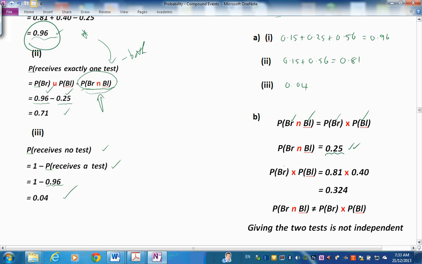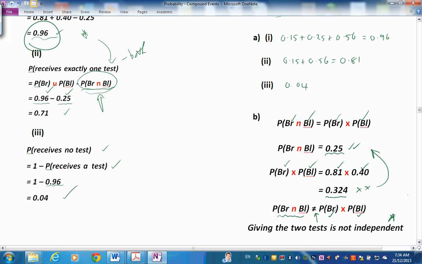Now let's check. The probability of breath times the probability of blood was 0.81 times 0.40, which is 0.324. Uh-oh, these two don't match. The probability of breath and blood is not equal to the probability of breath times the probability of blood. So giving the two tests is not an independent situation.